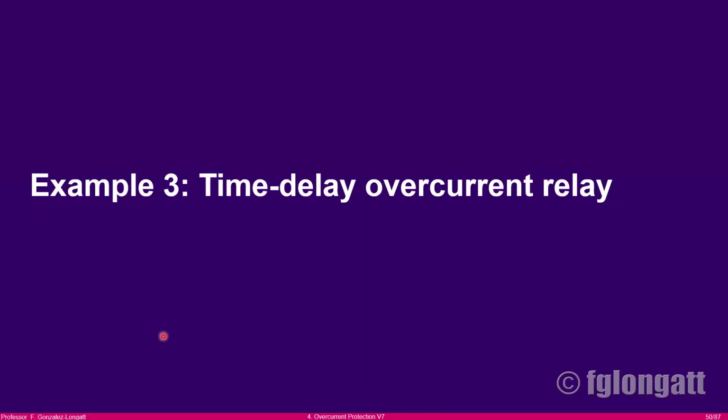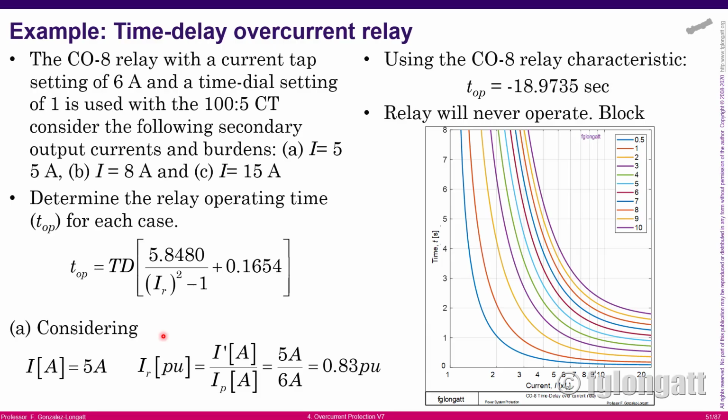Let's go for example number 3. Example number 3, right now we are using an American relay, a very old electromechanical relay, a CO8. And in this case, the tap setting, or pickup current, is 6 amp. The time dial setting is 1.